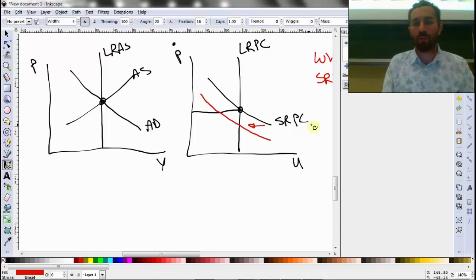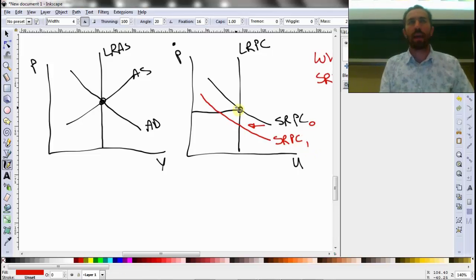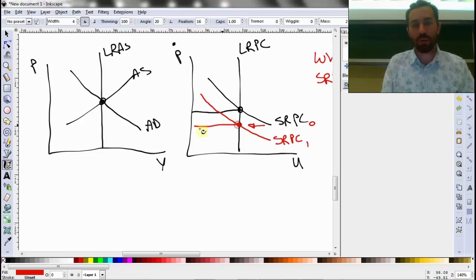Okay? So if our Phillips curve has shifted to the left, okay, so we've gone from SRPC0 to SRPC1, what is that telling us? It's telling us that our expected level of inflation in the long run is lower. Okay? That's what a shift to the left is telling us. Our expected inflation is lower.